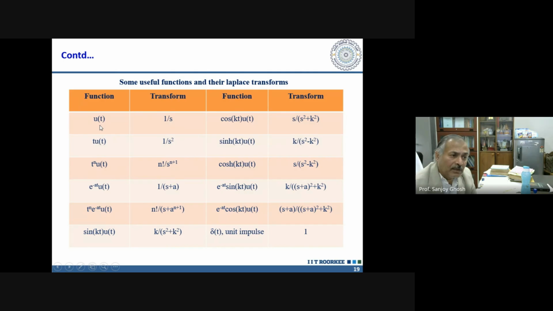Step input means what? Suppose you are working at 30 degrees centigrade temperature. Now you want to shift it to 35 degrees centigrade. So the input is a 5 degrees centigrade increase, and then you maintain the 35. Initially it was 30 degrees centigrade, and then all of a sudden it changes. Say chilled water was coming at 10 degrees centigrade into the reactor.